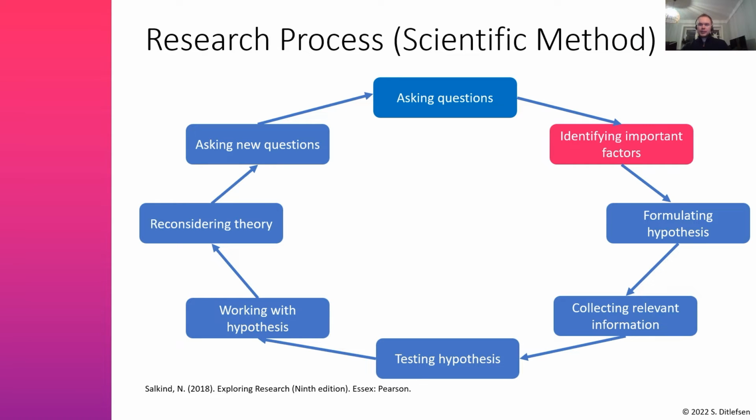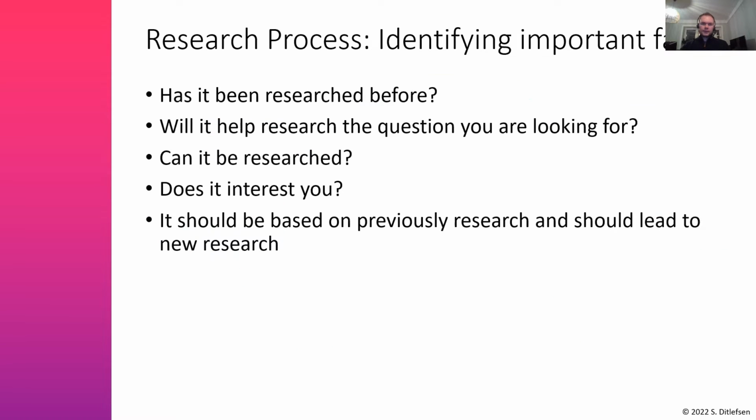Secondly, you need to identify important factors. Has it been researched before? Will it help research the question you are looking for? Can it be researched? Does it interest you? It's very important to find a topic or ask a question that interests you.